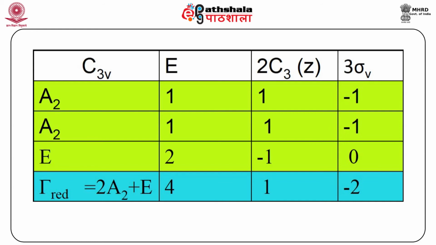Under E we have 1, 1 and 2, that is 4. Under C3 we have 1, 1, minus 1, that is equal to 1, and under sigma we have minus 1, 0, minus 2. That is, tau reducible is equal to 2A2 plus E: 4, 1, minus 2. So we can reduce this in a simple manner.